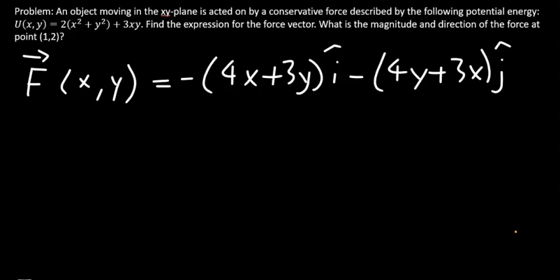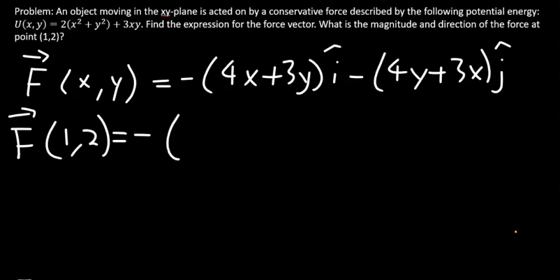So what is the magnitude and direction of this force vector at that particular point? So all we have to do is to substitute the values of x and y, x equals 1 and y equals 2, in the above expression. So when x equals 1 and y equals 2, you have 4 plus 6, so that's going to be 10 i hat.